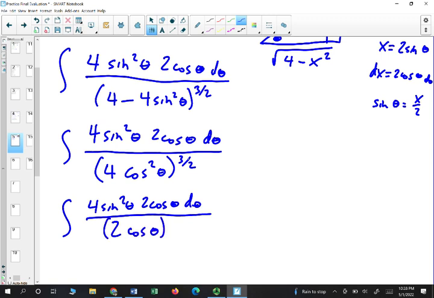And because we took the square root, now we're left with the cube. Noticing we have a 2 cosine theta on top and we have 2 cosine theta that's being cubed on the bottom, we can cancel one of the 2 cosines. So we're left with a 2 cosine theta squared on the bottom.